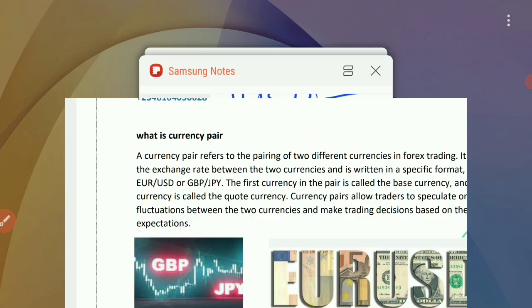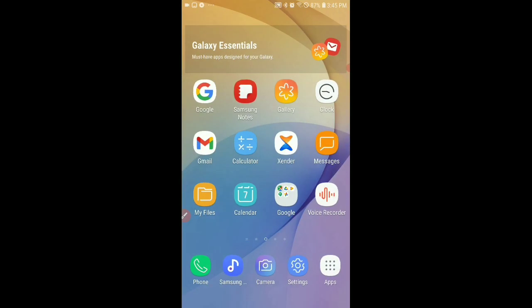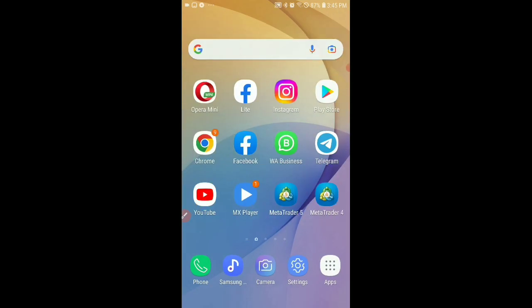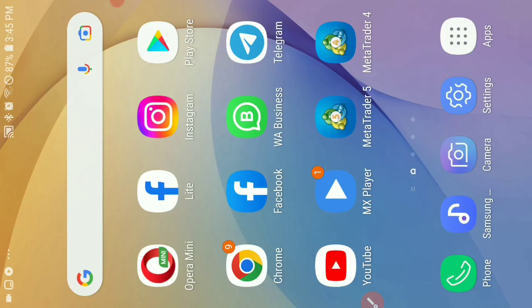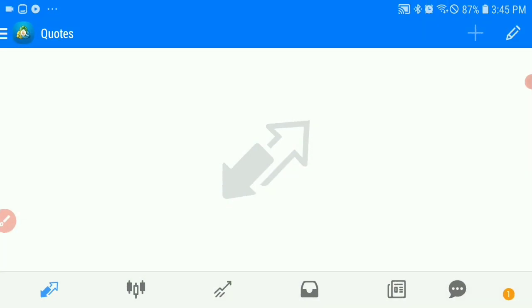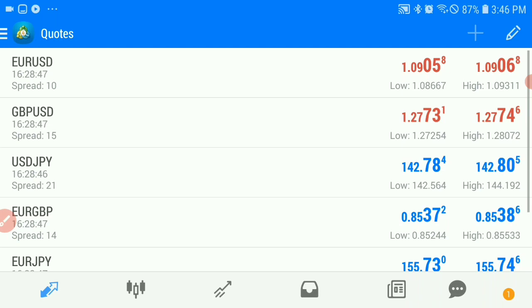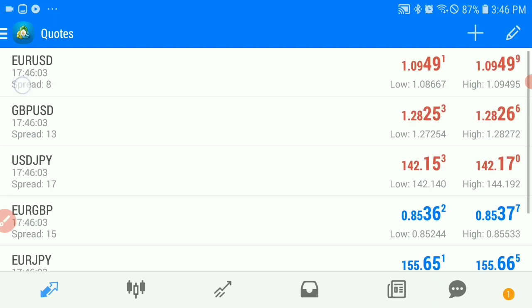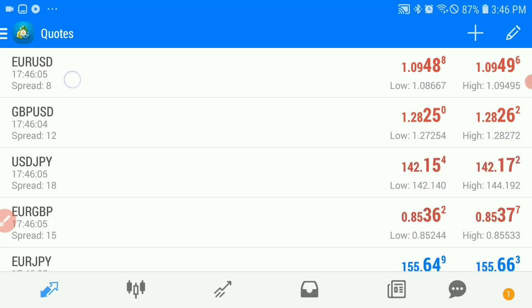So let me show you an example of what that means. Look at EUR/USD.